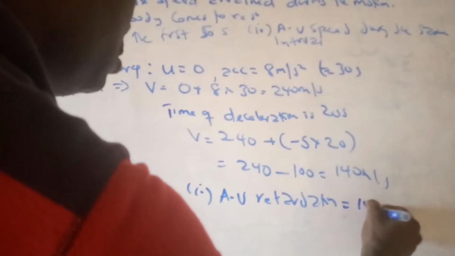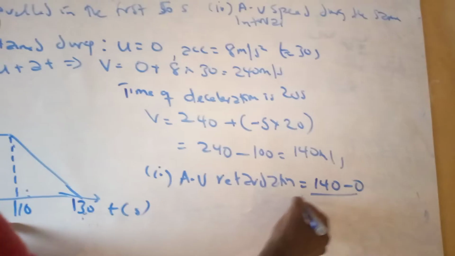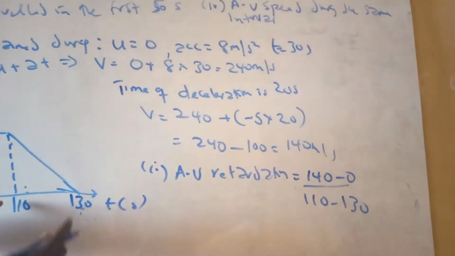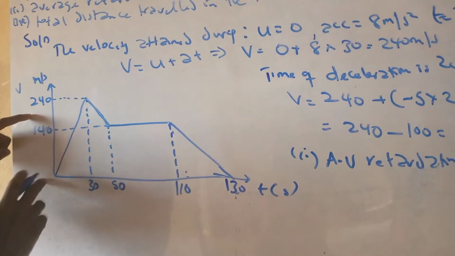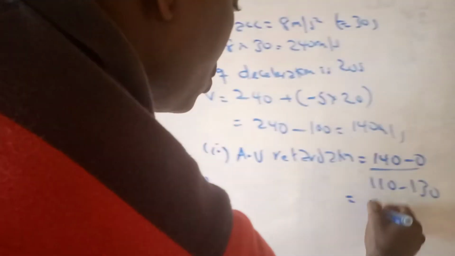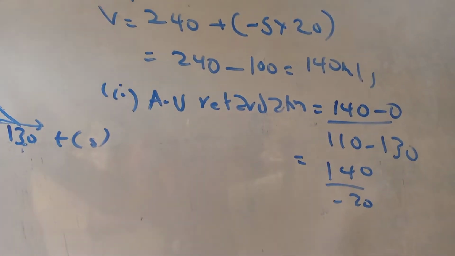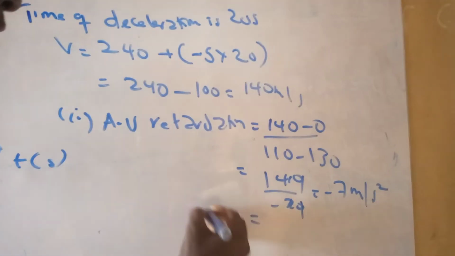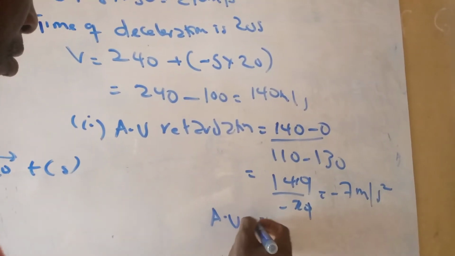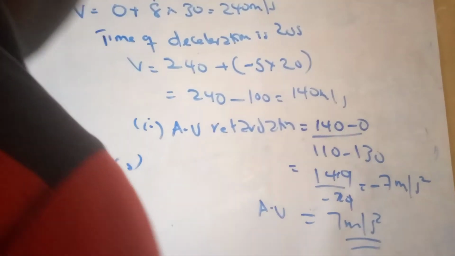This is where it retarded, from 140 down to rest at 130 seconds, starting at 110 seconds. So we do 140 minus 0 over 110 minus 130, which gives 140 over minus 20, that is minus 7 meters per second squared. Therefore the average retardation is 7 meters per second squared. The minus sign just shows that it is retarded.